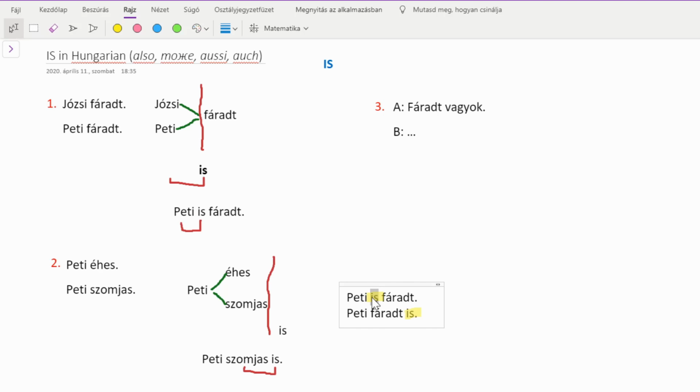So when you say Petty is, this means that Petty is one of the several people who are important in a situation. And when you say fáradt is, it means that the same person has different conditions or properties, and one of the important properties that he has is expressed in the sentence.